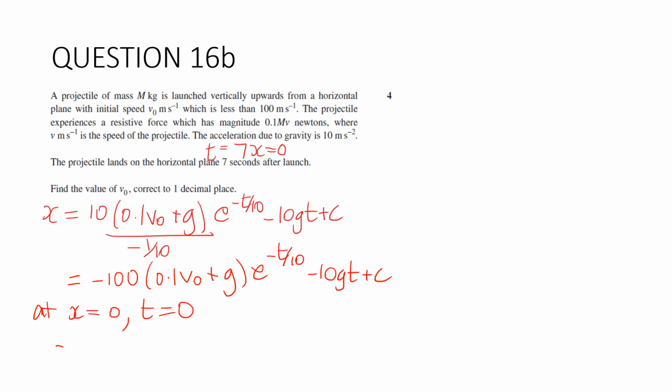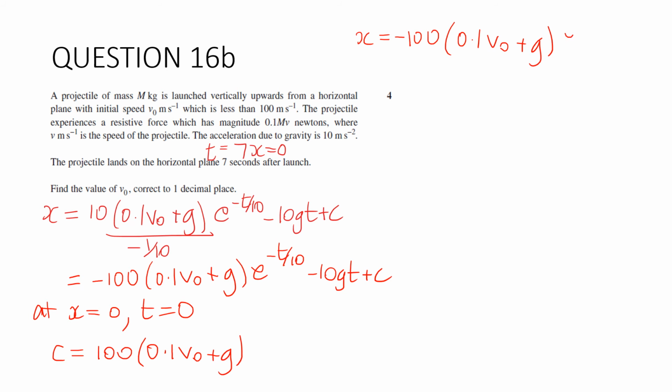Substituting in, we're going to get c is equal to 100 (0.1 v naught plus g) times e to the naught, which is 1. So x is equal to negative 100 (0.1 v naught plus g) e to the negative t on 10 minus 10 gt plus 100 (0.1 v naught plus g).